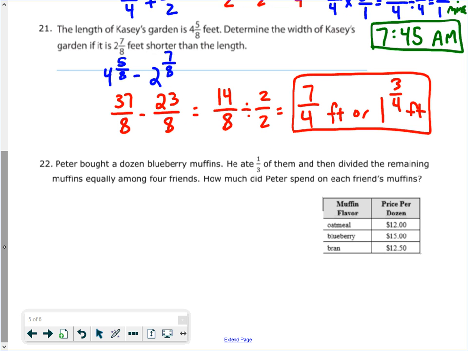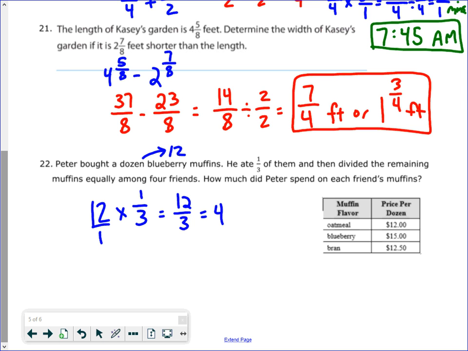And last but certainly not least, we've got Peter buying a dozen blueberry muffins. He ate a third of them and then divided the remaining muffins equally among 4 friends. How much should Peter spend on each friend's muffins? So a dozen is 12. 12 times 1/3, because he ate a third of them, is equal to 12 divided by 3, which is equal to 4.